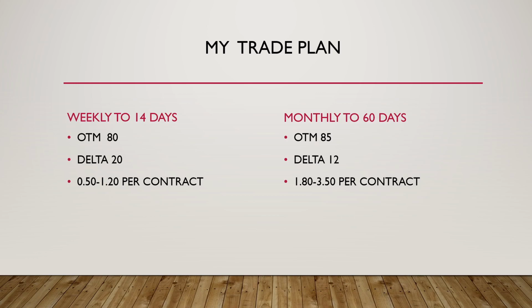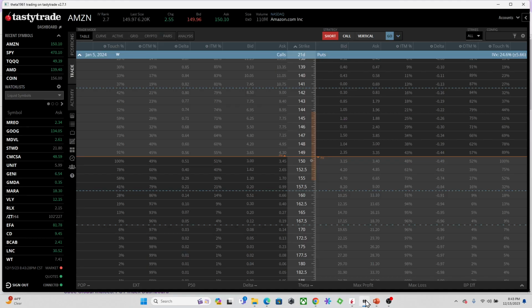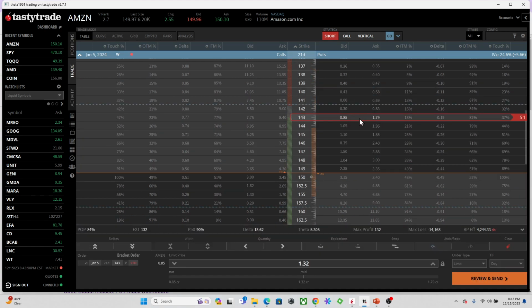So we can look in Tasty Trade right now. If you don't know what out the money is, this is the probability of an option expiring outside the money, OTM, right? Right now we're looking at Amazon, and this is 2 weeks out. I actually have this option right here.